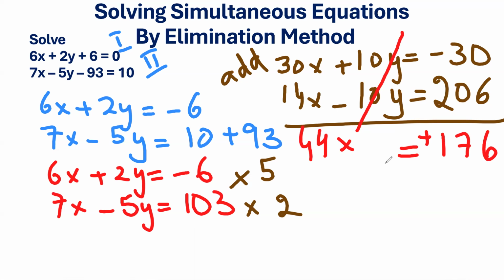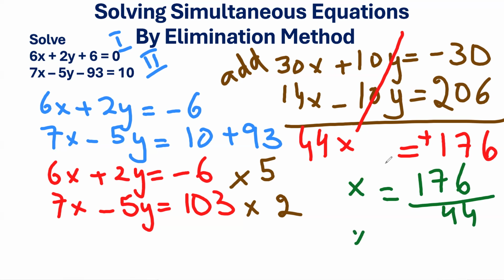Now, solving it further, you will get x is equal to 176 divided by 44. From here, you can get the value of x. 176 divided by 44 will give you 4. This is the value of x. x is equal to 4.